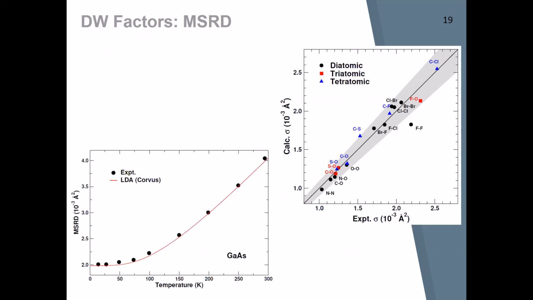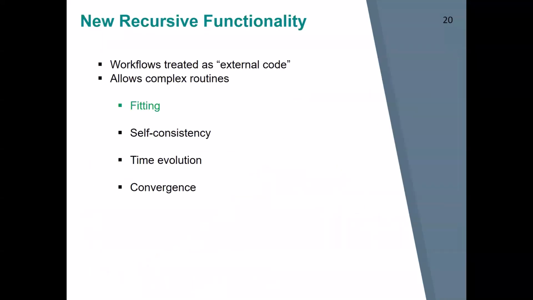This is our Corvus workflow machinery. So some new functionality has also been added. In particular, we have recursive functionality now. So this is going to allow us to deal with much more complex routines by treating workflows as external codes, in quotes.